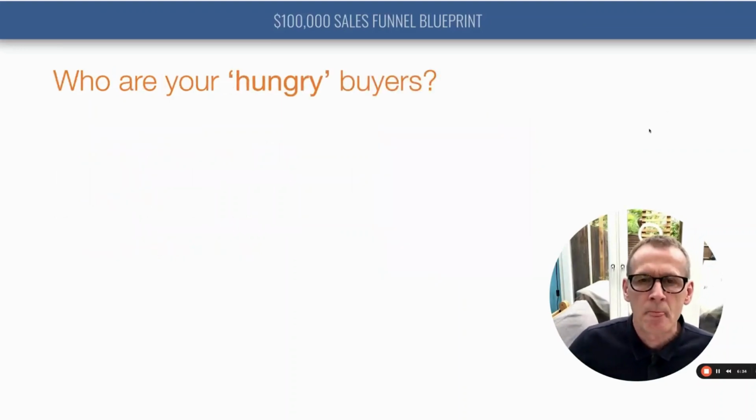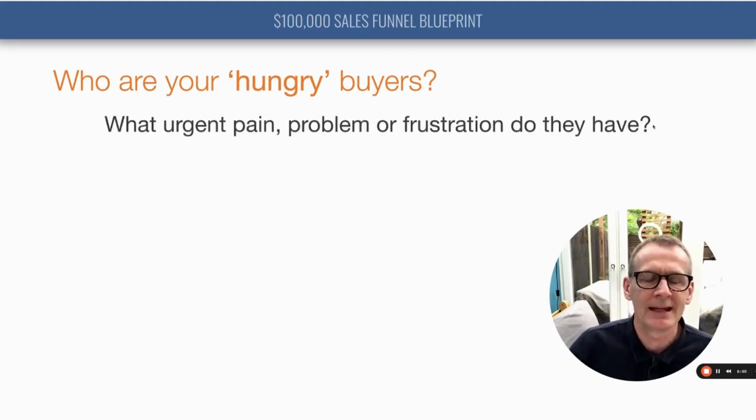But really, we want to zero in on that more, because we're looking for what we're calling the hungry buyers. Those are the buyers that are far more motivated to take action, and really have a real sort of need. So there's a certain urgency around a certain niche, and that's what you want to really think about in terms of your audience.